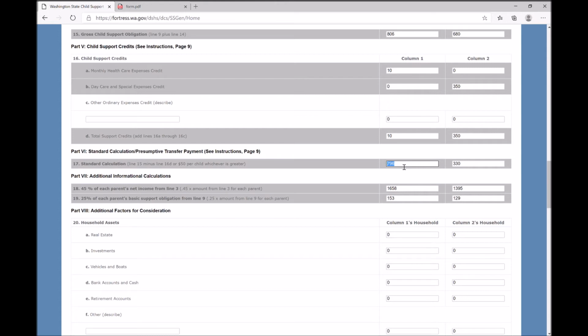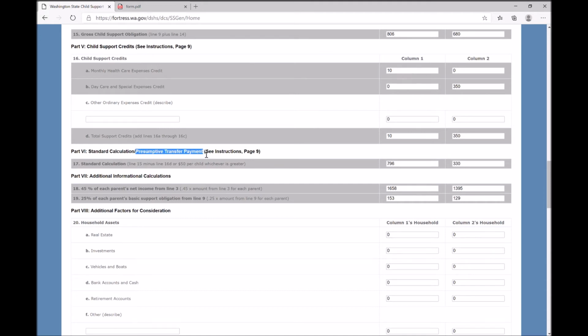Basically, this is his net obligation. And the mother, since her obligation was $680, and out of that she pays $350 directly to the provider, her remaining obligation is $330.